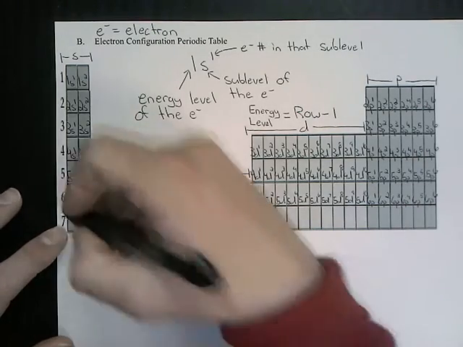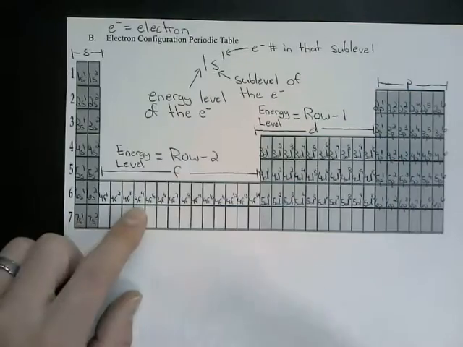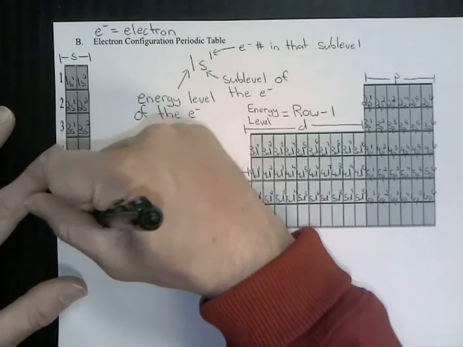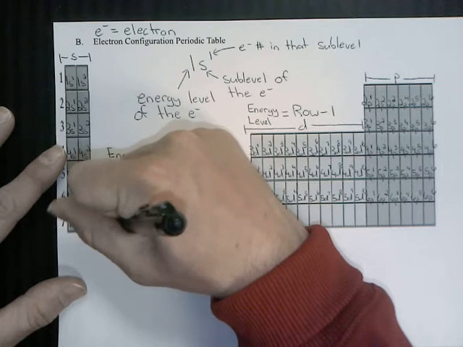Our 7th row, we would start out here with 7S1, 7S2. Be careful here because our F block is row minus 2 for our energy level, so this would be 5F1 all the way over to 5F14.